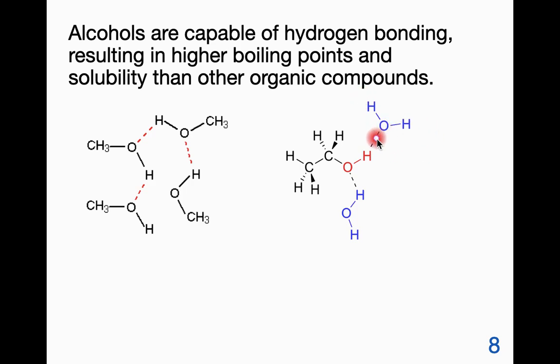Water also is capable of forming hydrogen bonds. So the big takeaway here is know that alcohols have a higher boiling point and are more soluble than other organic compounds, and the reason why is because they're capable of forming hydrogen bonds.